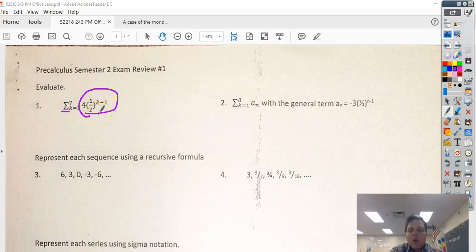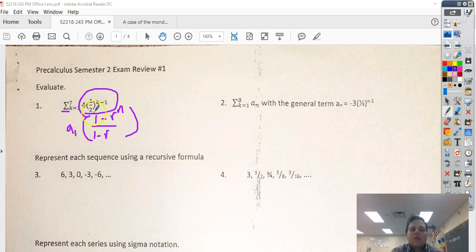So we have a formula that allows me to find the sum of a geometric series. It is a sub 1 times 1 minus r to the n, divided by 1 minus r. The trick to doing this is just remembering what a sub 1 and r are.